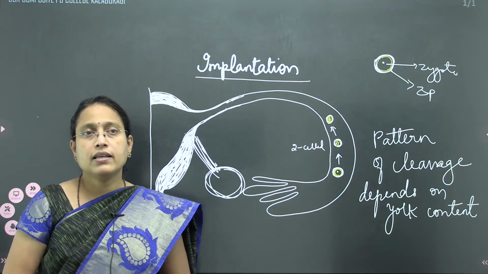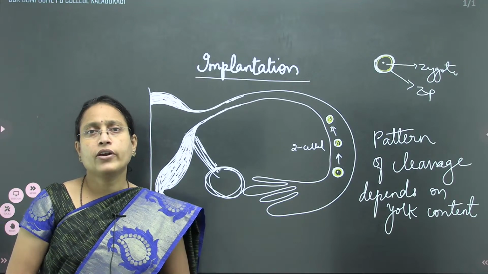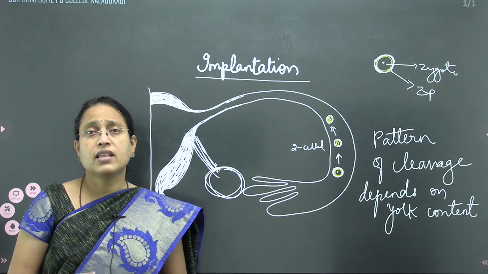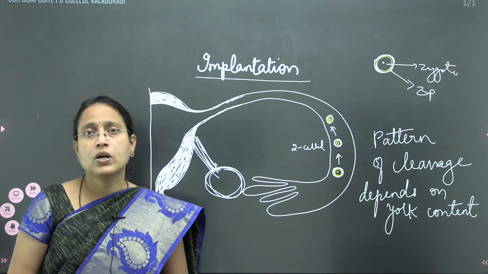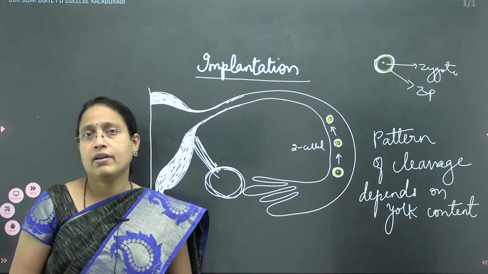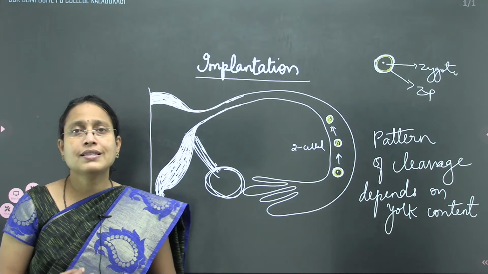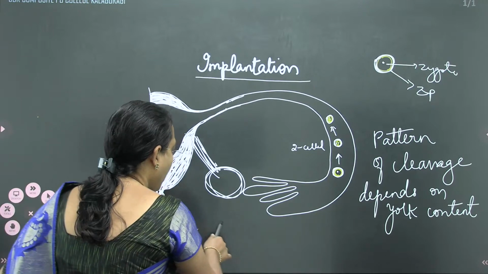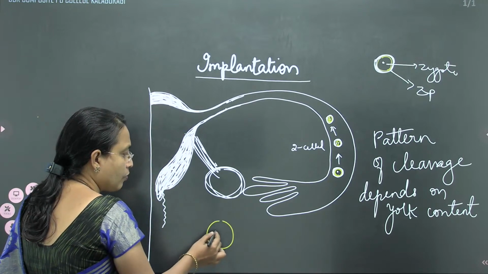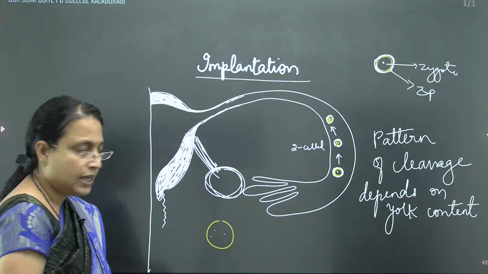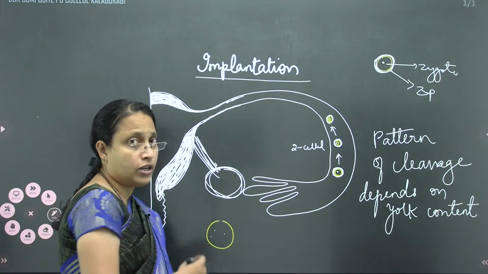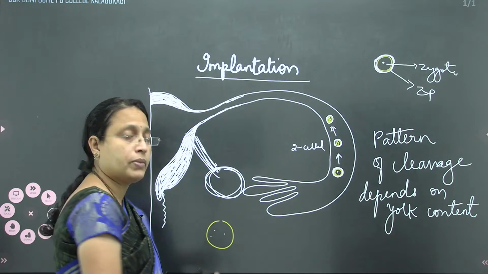The human egg is alecithal or microlecithal, because the yolk is very little. If an egg has a very small amount of yolk, it will not create any problem in the division.